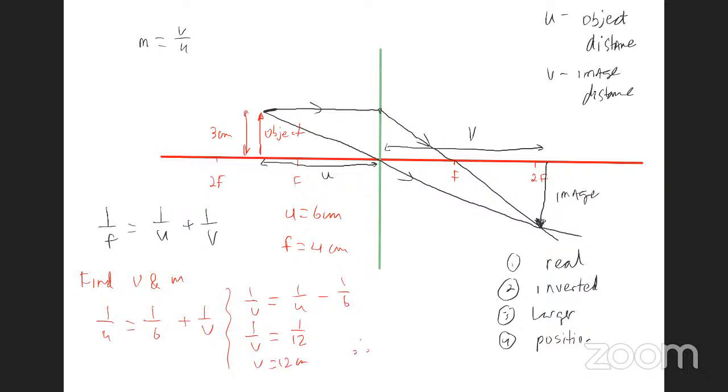Since v is positive 12, the image is real. The magnification is v over u, so that's 12 over 6, so this image should be twice as big and twice as far away from the lens.